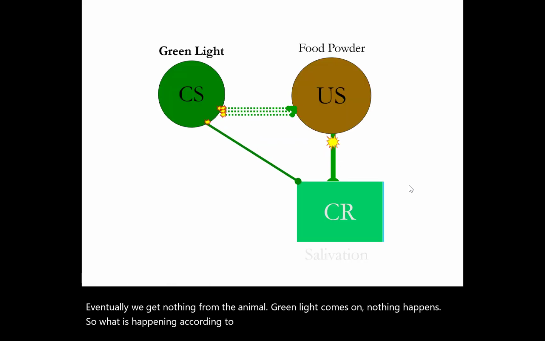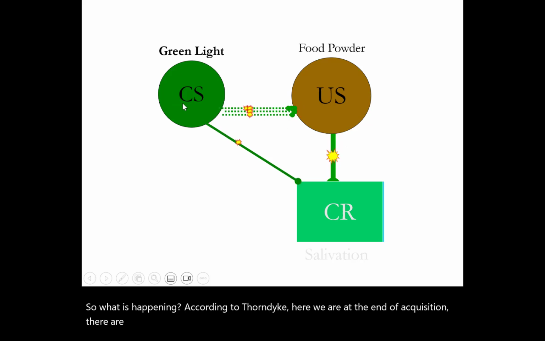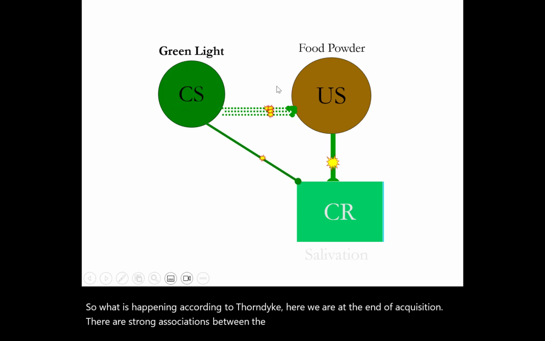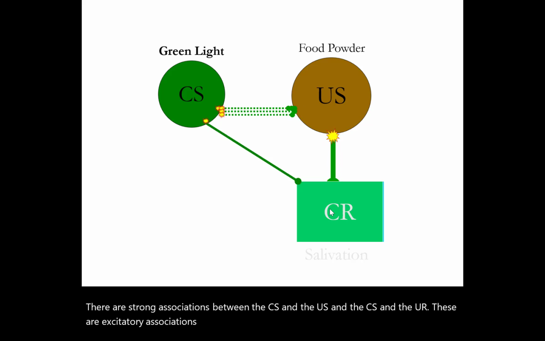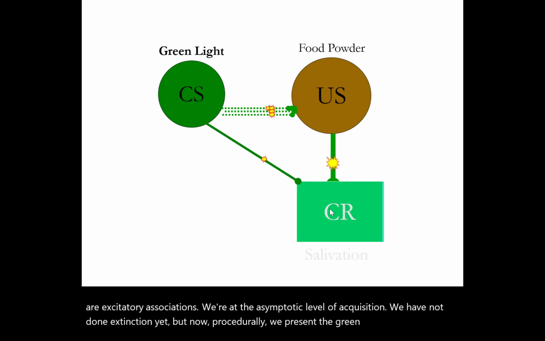Here we are at the end of acquisition. There are strong associations between the CS and the US and the CS and the UR. These are excitatory associations. We're at the asymptotic level of acquisition. We have not done extinction yet, but now, procedurally, we present the green light, nothing follows.